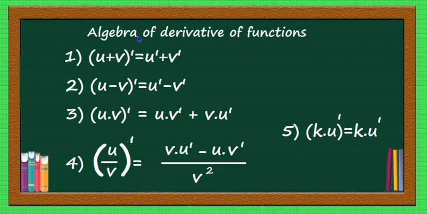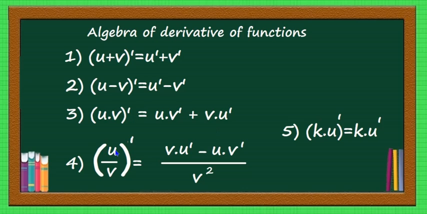Next, just in brief, you can memorize the formulas like this. Instead of f of x and g of x, if you write u and v, and dash represents the derivative, then u plus v dash is equal to u dash plus v dash. Here dash represents the derivative of the function. u minus v dash is equal to u dash minus v dash. u into v dash, that is the product of two functions, is equal to first function into derivative of second function, u into v dash plus v into u dash.